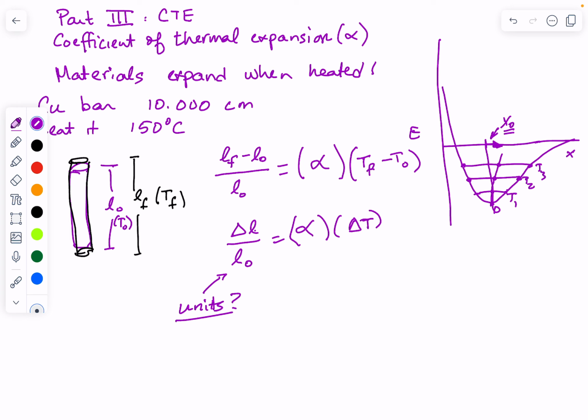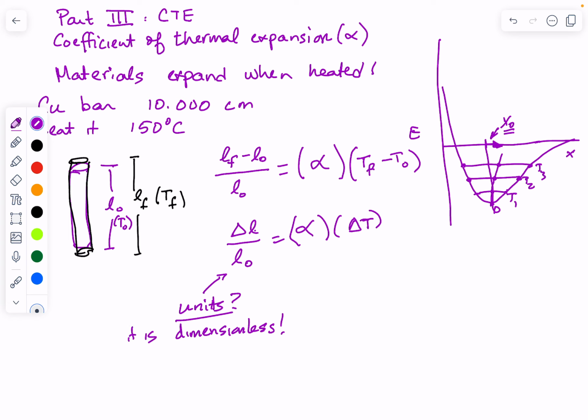It's going to be centimeters divided by centimeters, and so it's going to be dimensionless. Centimeters divided by centimeters is no dimension. So this equation is dimensionless.